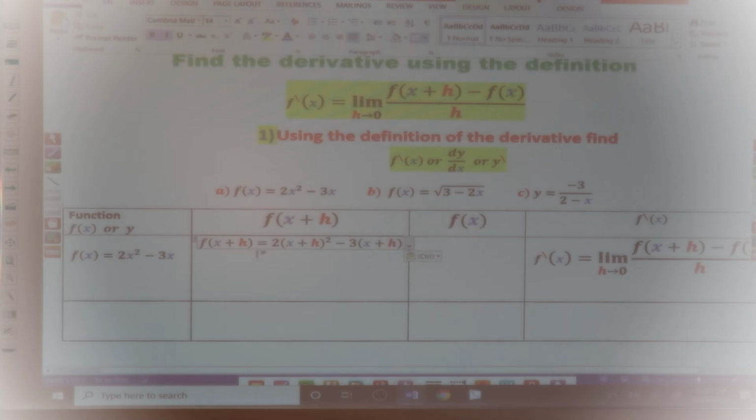Good. Now what I need, guys, is to expand x plus h squared.